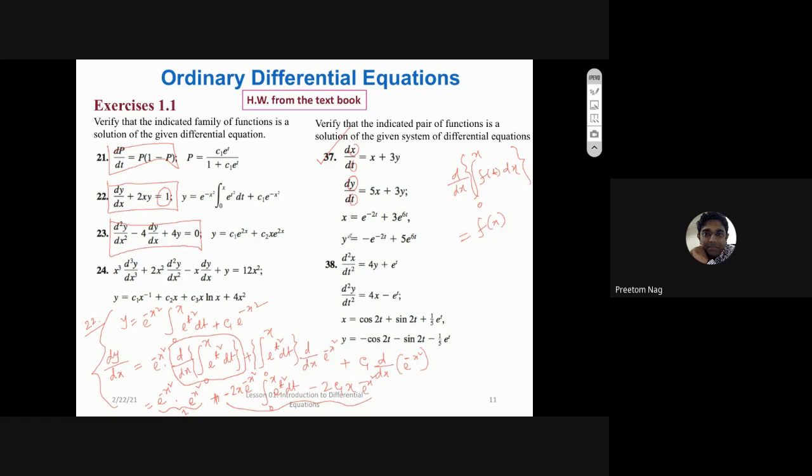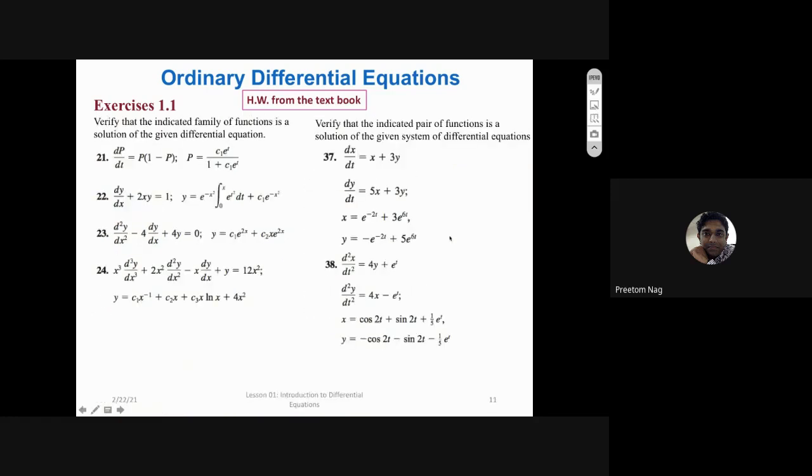How will we do the verification? You verify once for dx/dt and once for dy/dt, and you will see that for dx/dt you get this result, and for dy/dt you get this result. So what is x? x is this one. If I consider dx/dt here, what will it be?